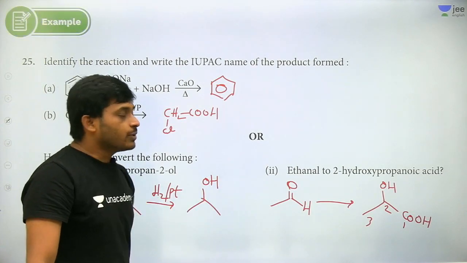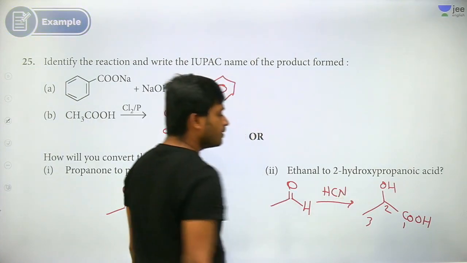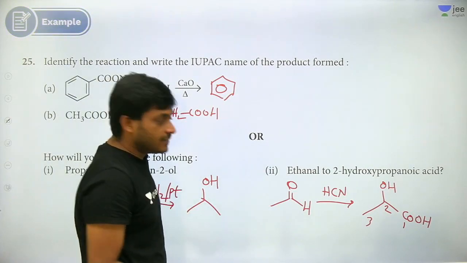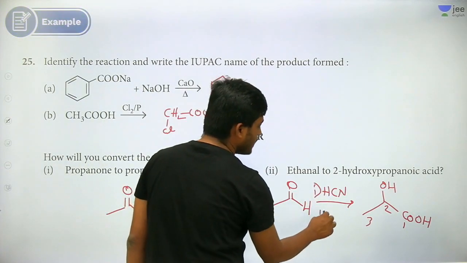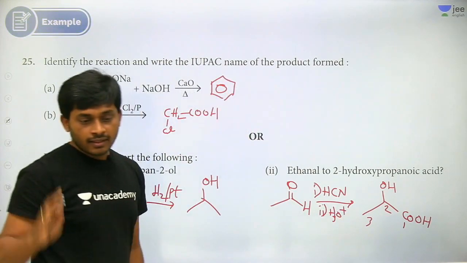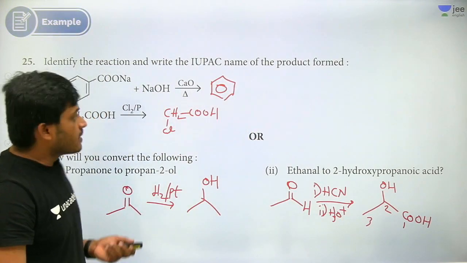So how do we do this? We first add HCN. OH and CN will come. Then hydrolysis. First step is this, second step H3O plus. Getting it right? Yes. Next.